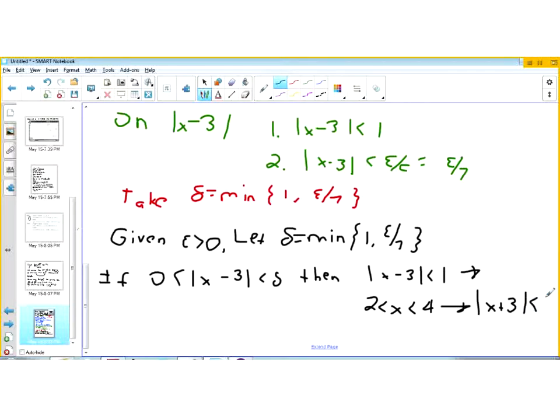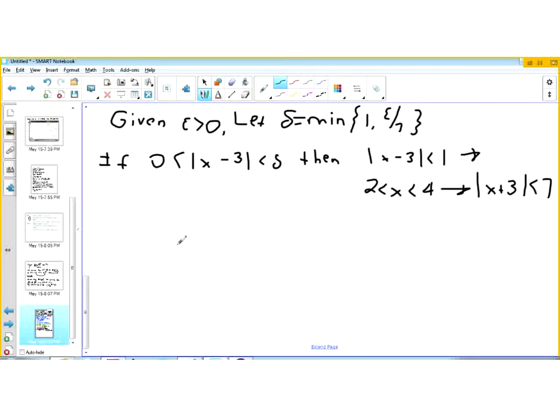And this is the same as saying that the absolute value of x plus 3, the distance from negative 3, is less than 7. All right, so we have this inequality.